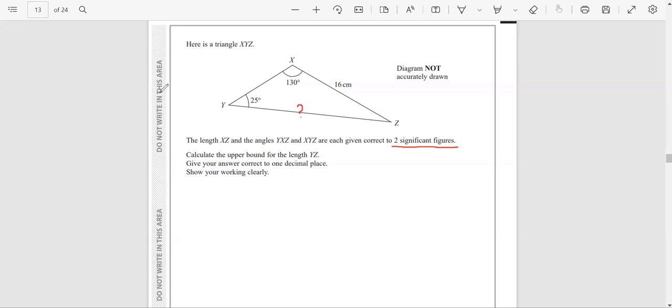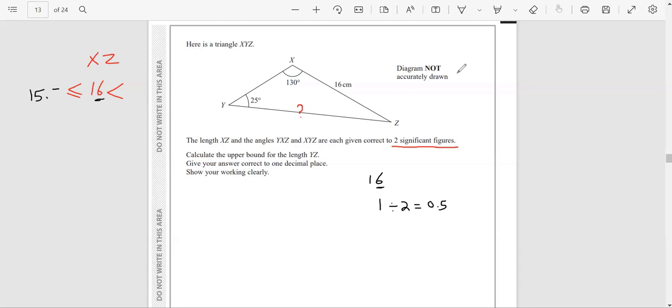If I'm having 16 for the side XZ, and this is given to two significant figures, what's the second significant figure? It's the 6 in 16, which is in the units digit. So you need to add half and subtract half. 1 divided by 2 is 0.5, so you need to add 0.5 and subtract 0.5.